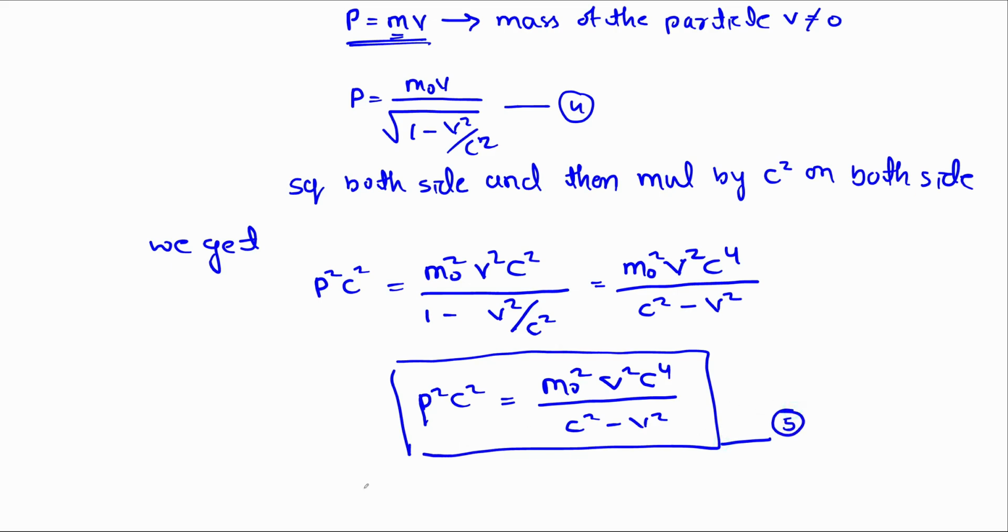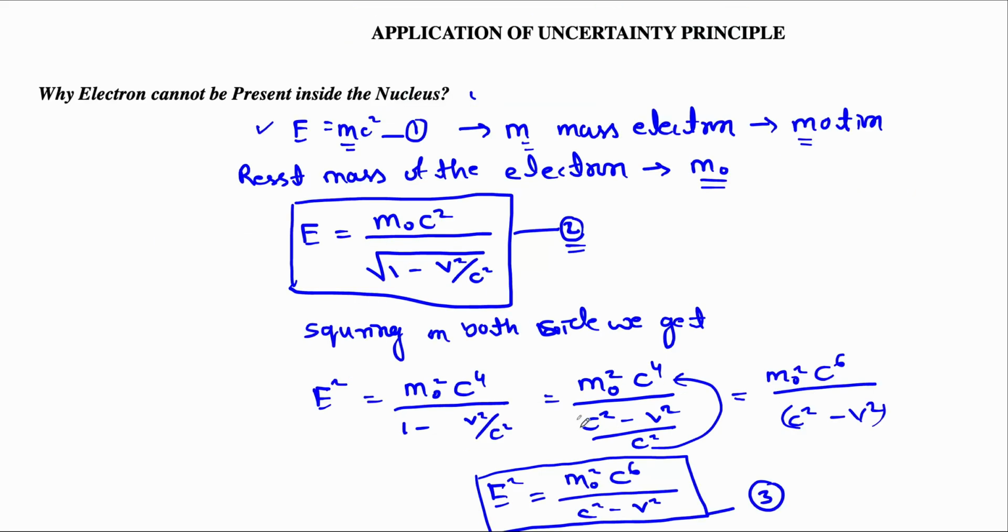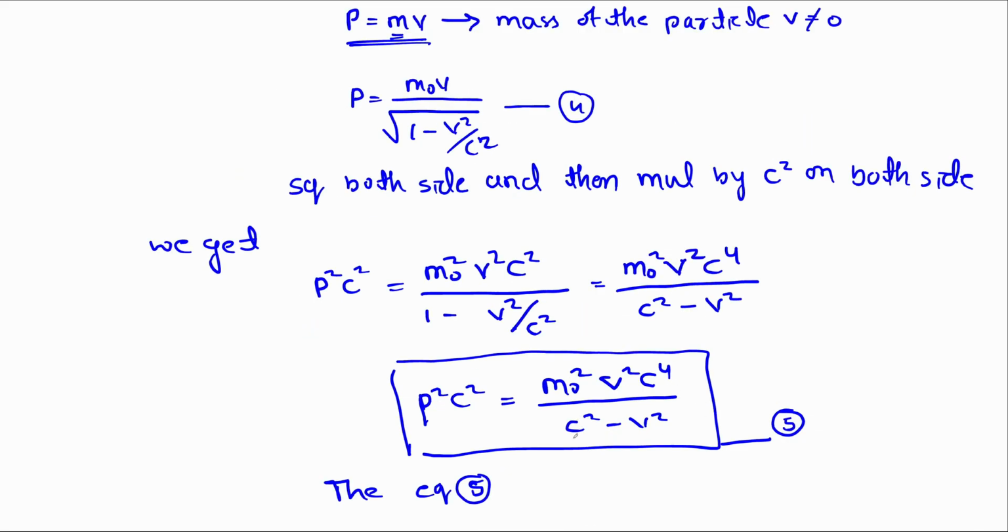Now equation number 5 and the above equation number 3, we subtract them from each other. In that case we can write it as E square, left hand side will be written as it is and right hand side will be written as it is.